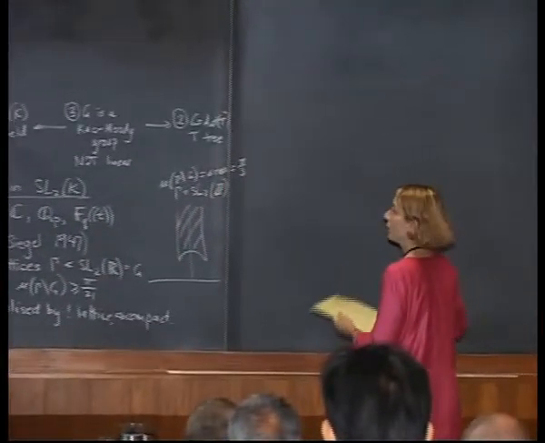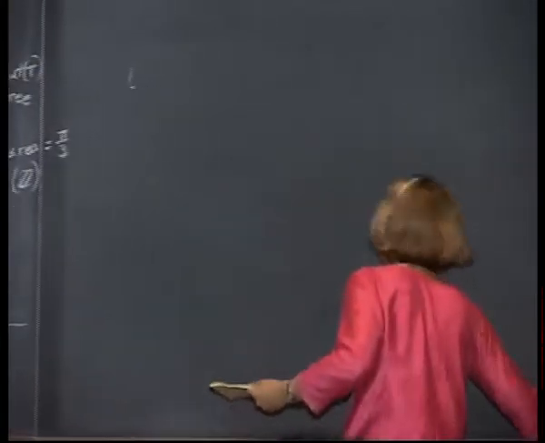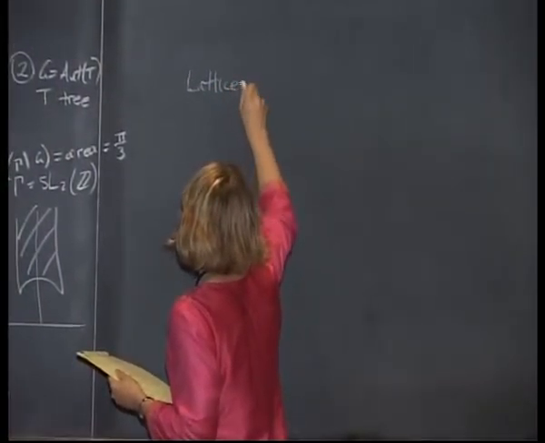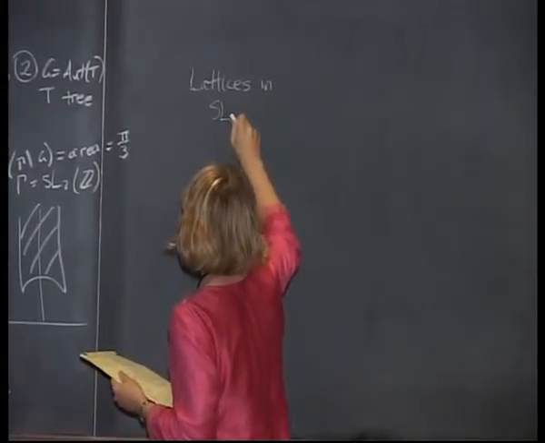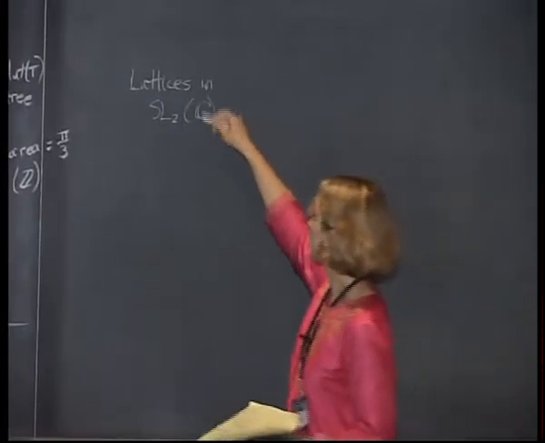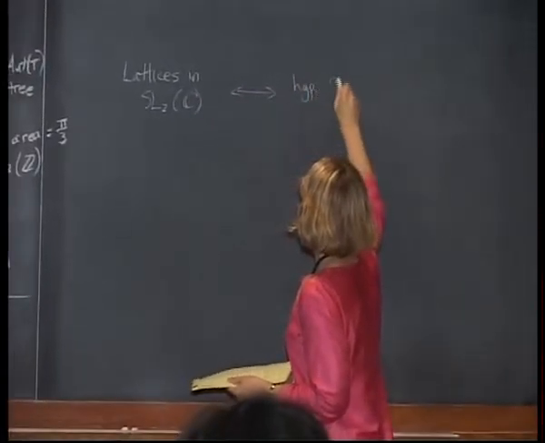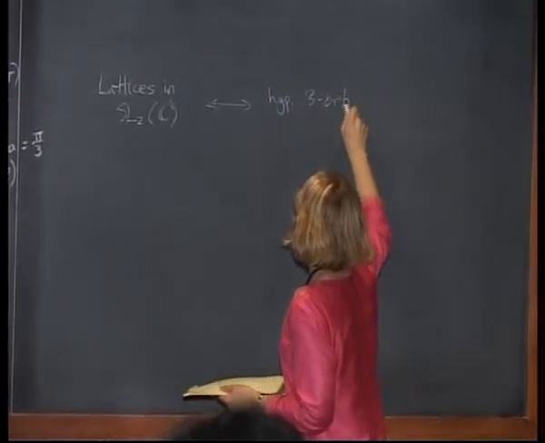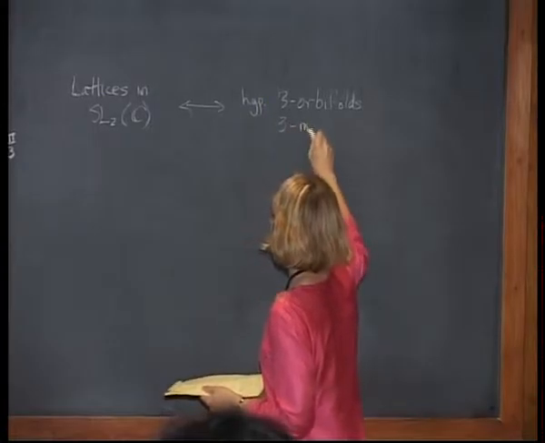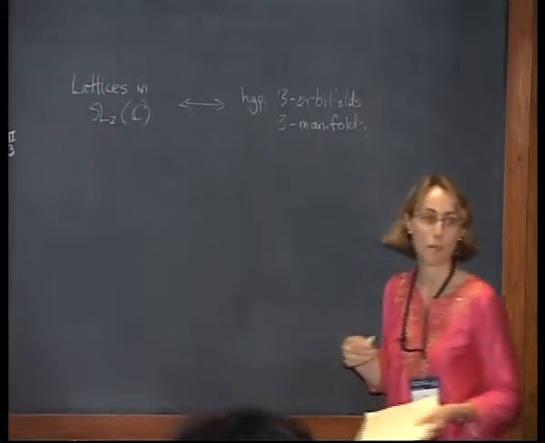So what else could we consider? Without listing lots of results, I'll just point out that lattices in SL_2(C) correspond to hyperbolic, well, in general, hyperbolic 3-orbifolds, or if they're torsion-free, hyperbolic 3-manifolds.